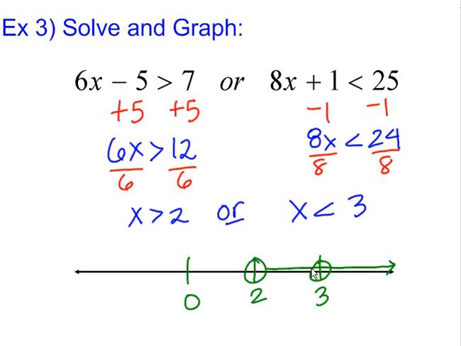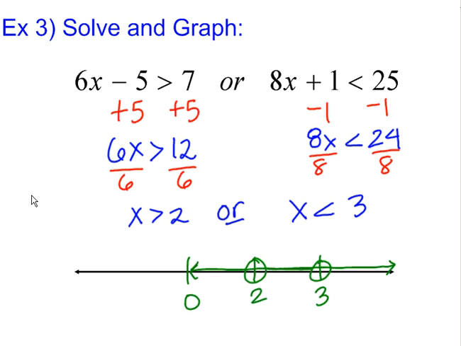X is less than 3 is going to take off in that direction. This is kind of odd. They're crossing over each other. If I want this or that, is there a number that they're crisscrossing over that's going to get left out? The answer is no. It's including every single number on the number line.